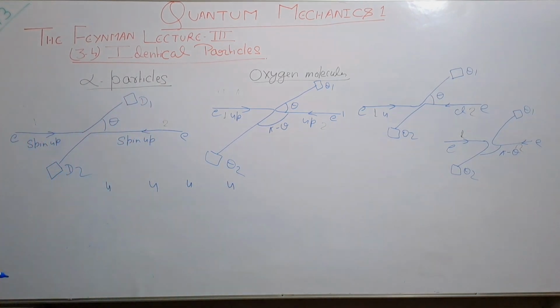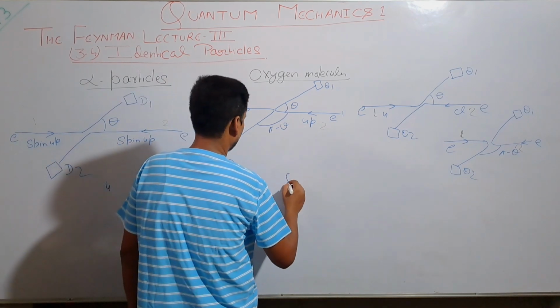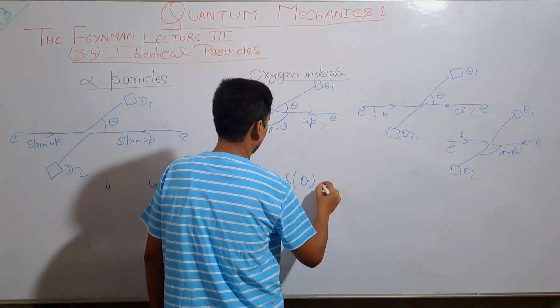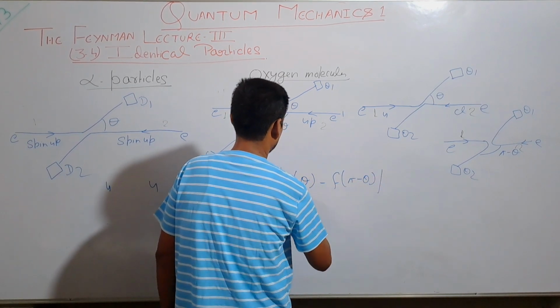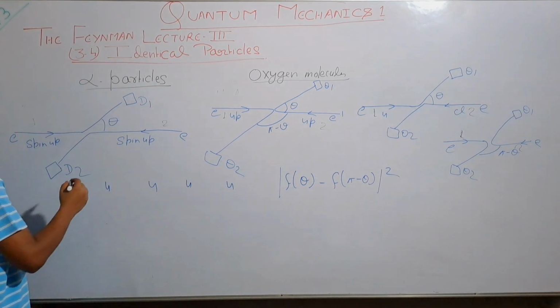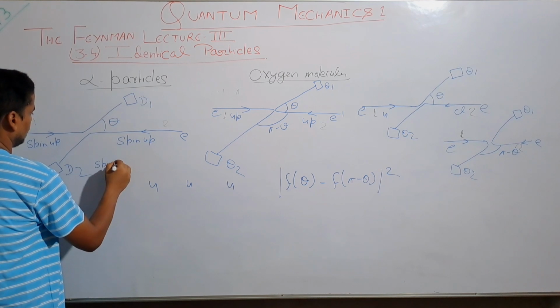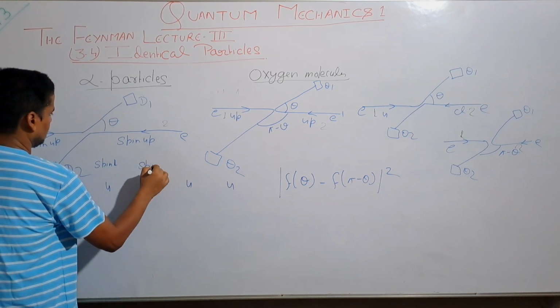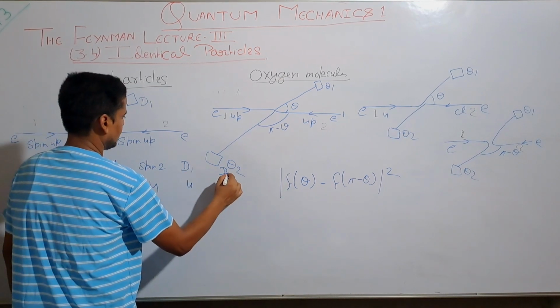Then the probability of getting an electron at detector D1 or D2 is (f(theta) minus f(pi minus theta)) whole squared. Simple. This is spin 1, this is spin 2, this is at D1, this is at D2.